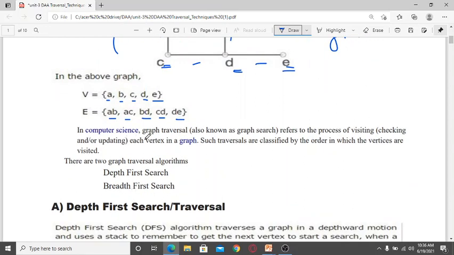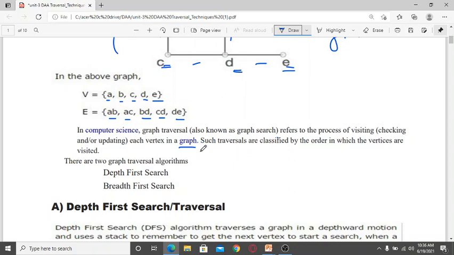In computer science or information technology, graph traversal, also known as graph search, refers to the process of visiting, checking, and updating each vertex in a graph. Such traversals are classified by the order in which the vertices are visited.